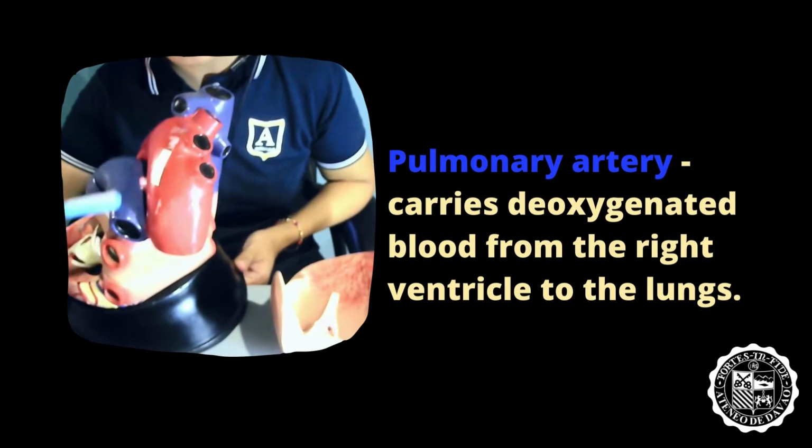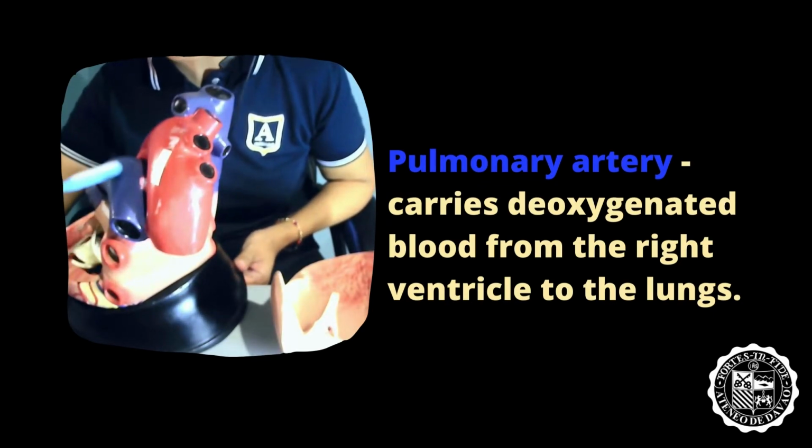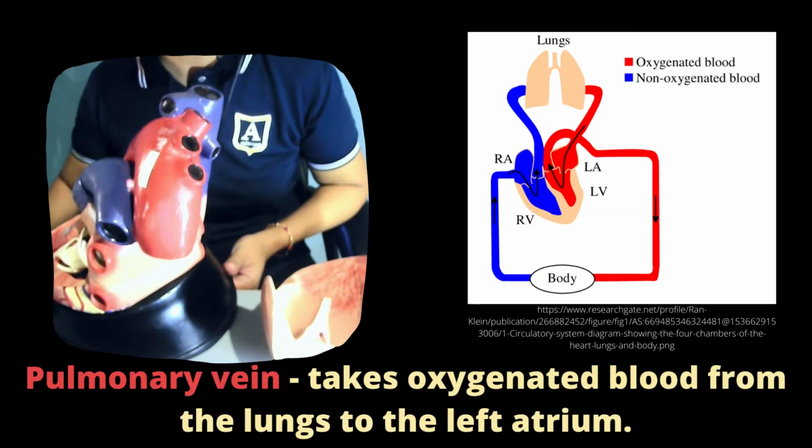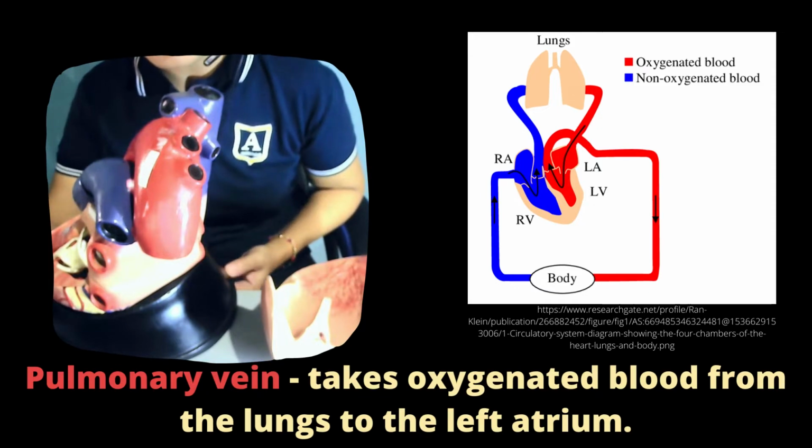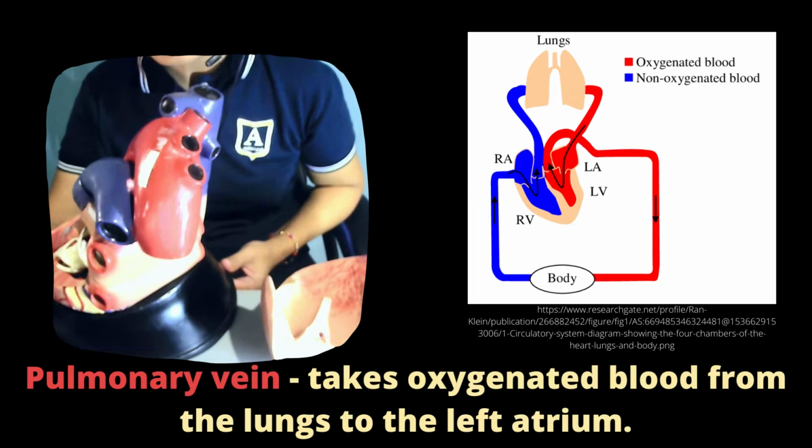The pulmonary artery carries the deoxygenated blood to the lungs. Now, the deoxygenated blood is being exchanged into oxygenated blood in the lungs.